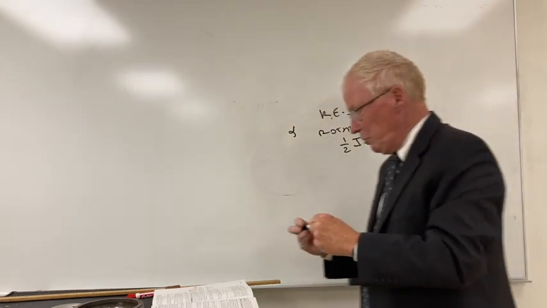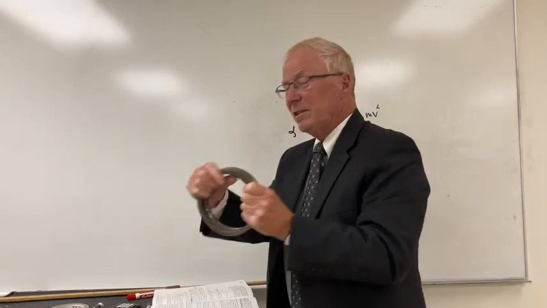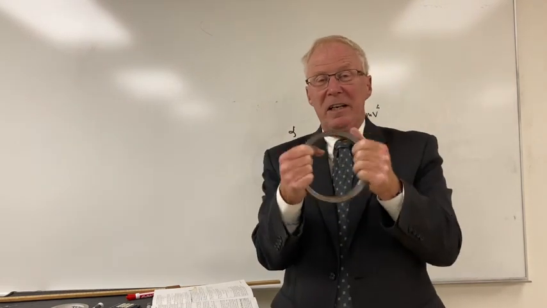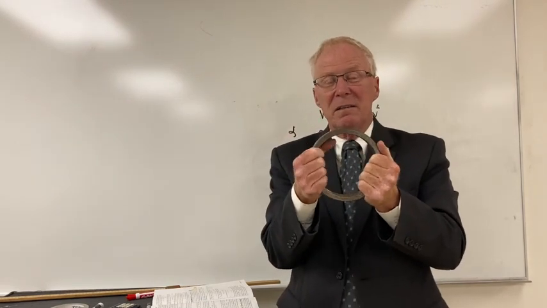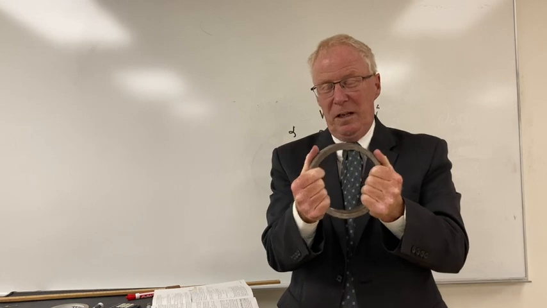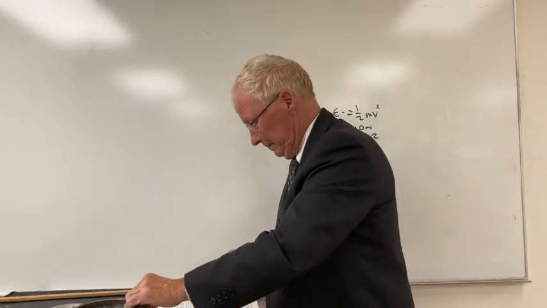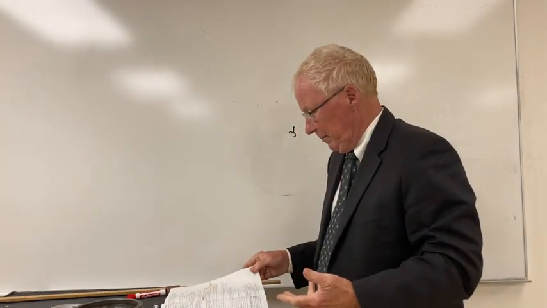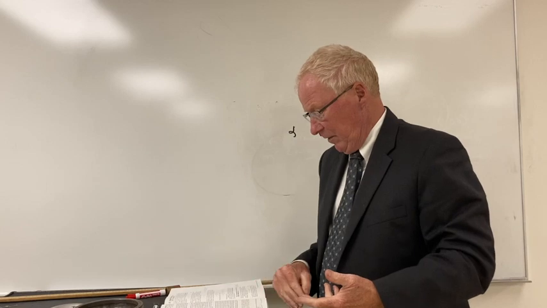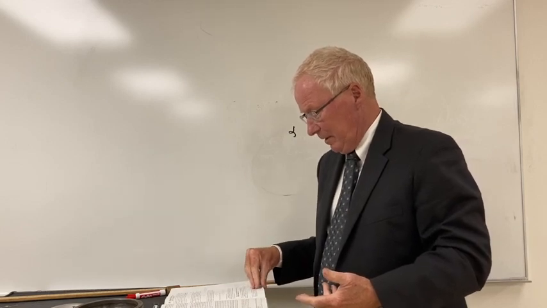So something rotating like a disk has a lot of kinetic energy in it. Takes a bit of effort to slow it down, a lot of force, torque in this case, to slow it down from rotating. So that's the concept there.